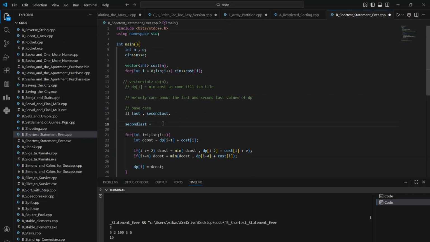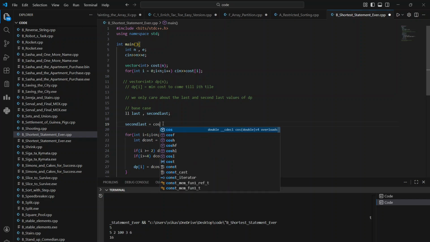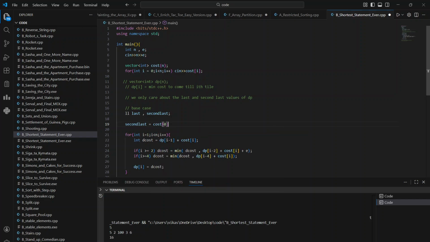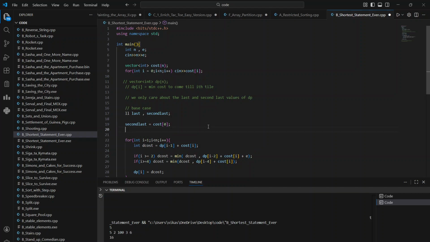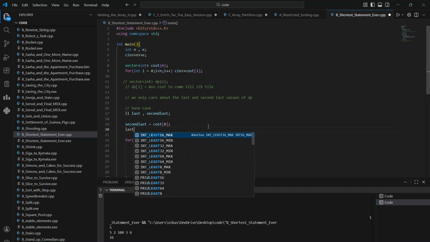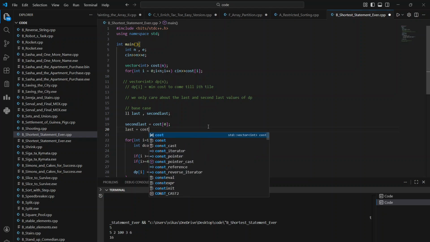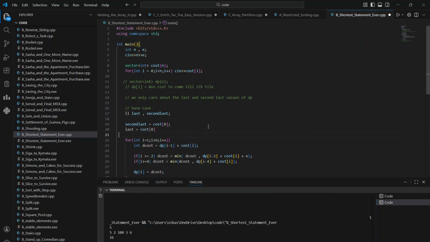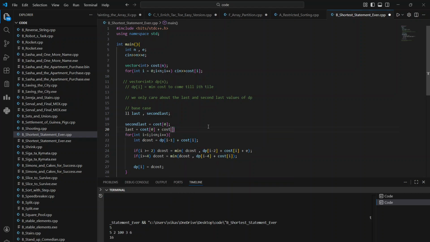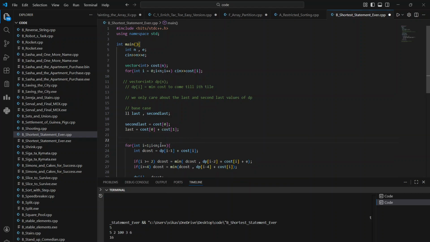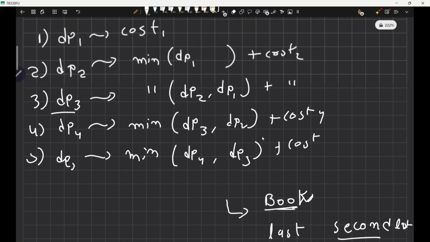Okay, yeah, so the only way to come to this second one is going to be cost of 0 plus cost of 1. Sorry, it is cost of 0 only. Sorry, just a second. Okay, that is cool.